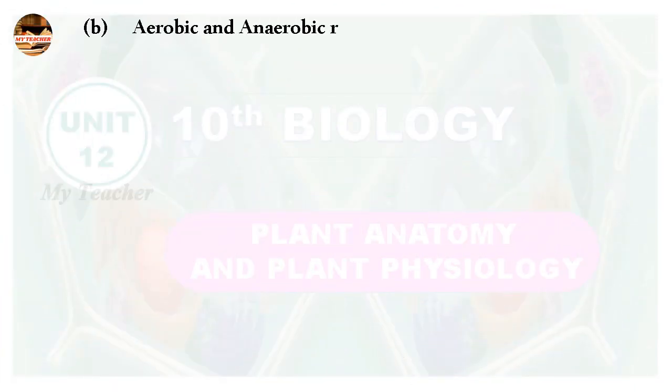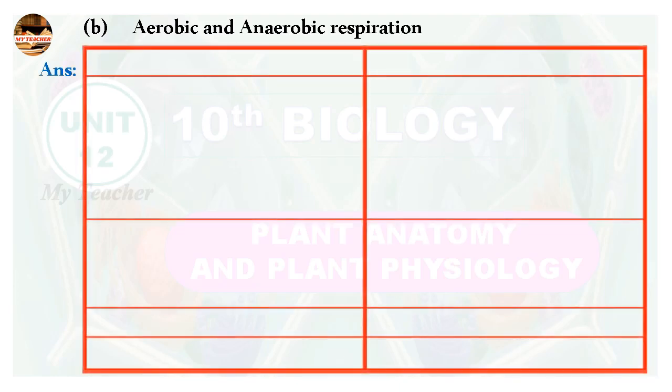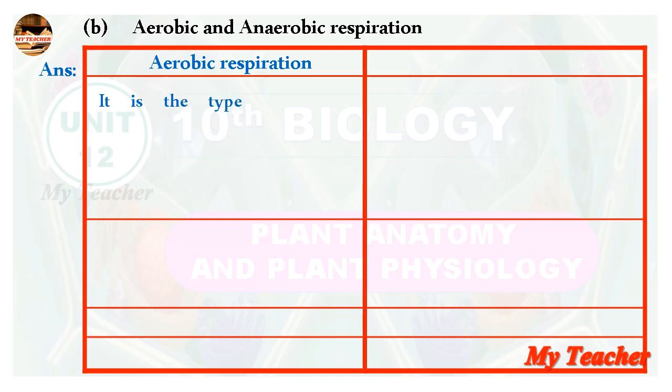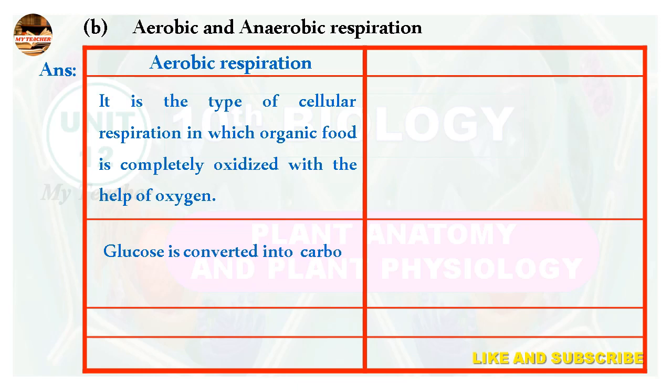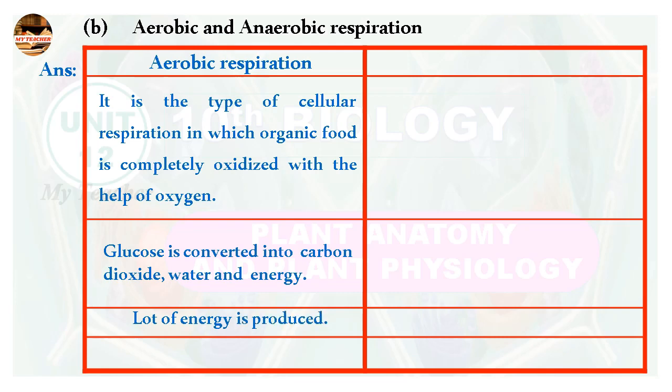B. Aerobic and anaerobic respiration. Aerobic respiration is a type of cellular respiration in which organic food is completely oxidized with the help of oxygen. Here, glucose is converted into carbon dioxide, water and energy. A lot of energy is produced.